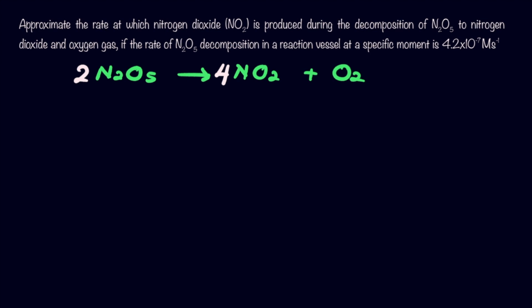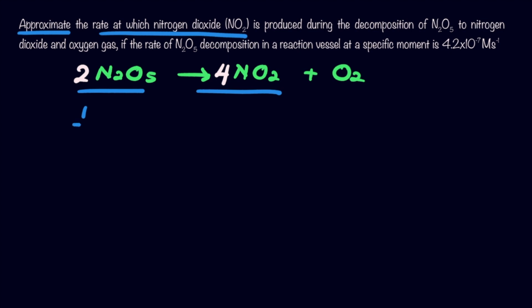Okay, so the next step is we are going to write the rate expression that we need. You want to approximate the rate of nitrogen dioxide, so I'm just going to do the rate expression for these two only.